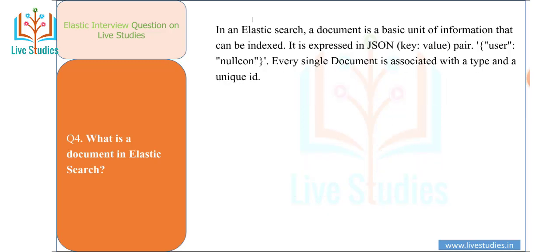In Elasticsearch, a document is a basic unit of information that can be indexed. It is expressed in JSON as key and value pairs. Every single document is associated with a type and a unique ID.